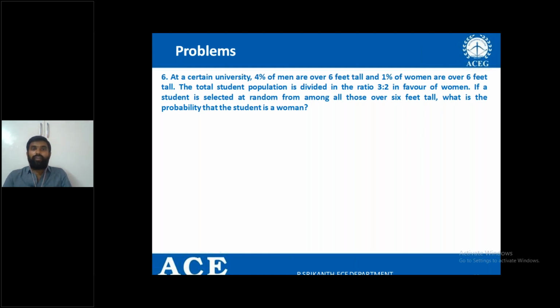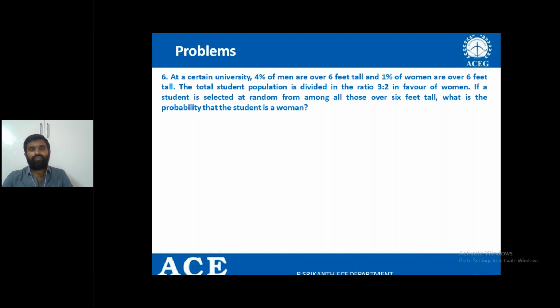And if a student is selected at random from among all those over 6 feet tall, I have a classroom with 100 students. Let me consider 100, and out of 100, 60 are women and 40 are men. And in the same class, 4% are tall.